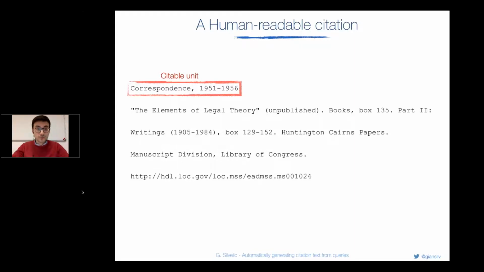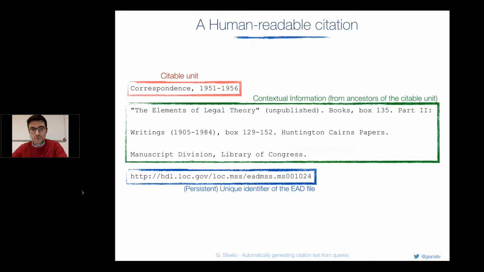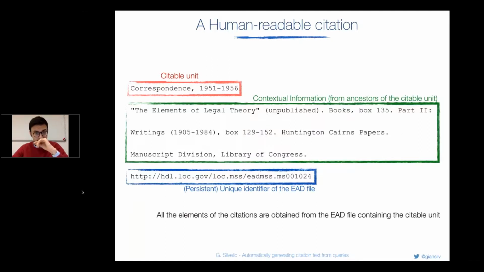So we need to add contextual information, and this contextual information is taken from the ancestors of the citable unit in this archival tree. So we have the elements of legal theory that is in books, the box, the part, other boxes, basically all the information that you need if you go in the archive and you want to find the citable unit. And then in the end, we have the persistent identifier of the EAD file, right?